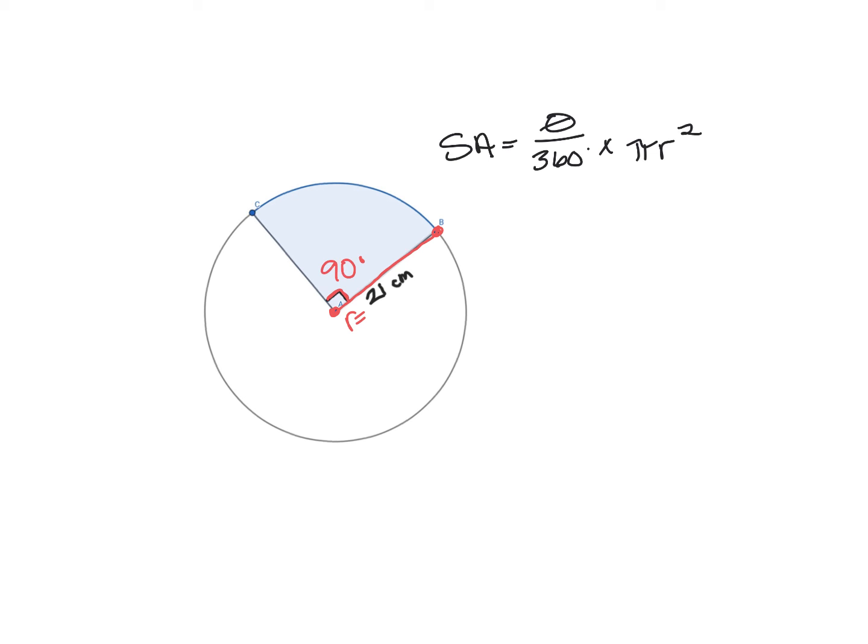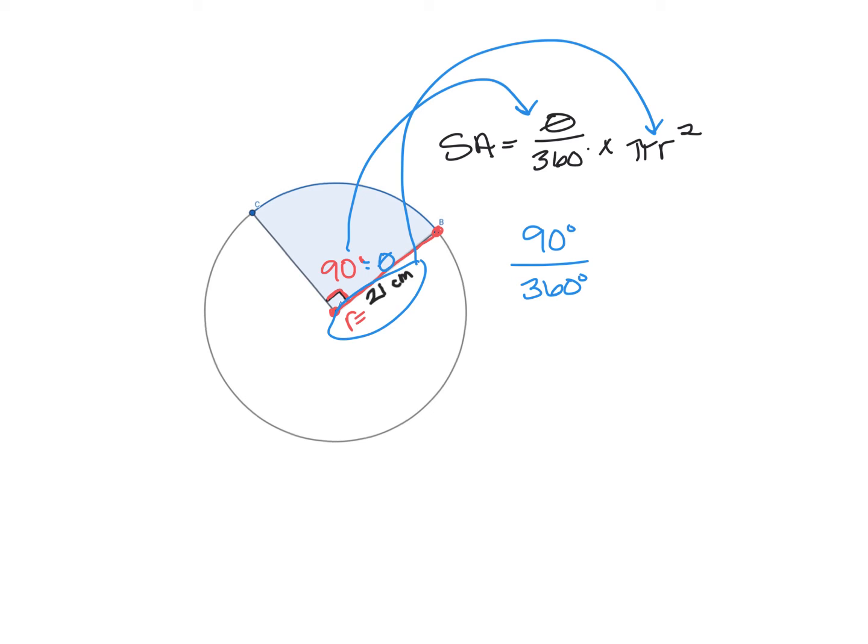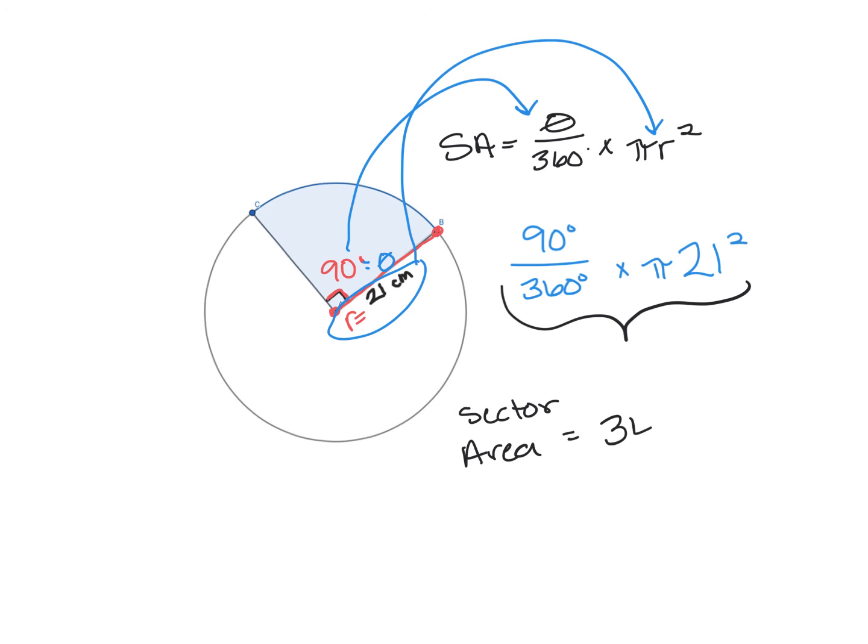Just like we did before, 90 degrees is my angle, that replaces theta. 21 centimeters is my radius, that replaces r. So I'm going to rewrite my equation as 90 degrees divided by 360 degrees times pi times my radius 21 squared. And when I enter this into my calculator exactly as it is, I find a sector area equal to 346.36 centimeters squared.